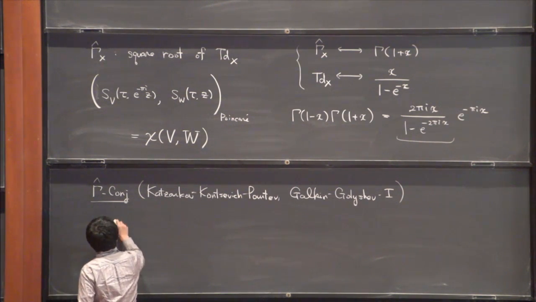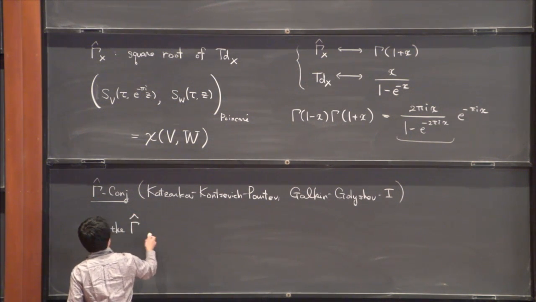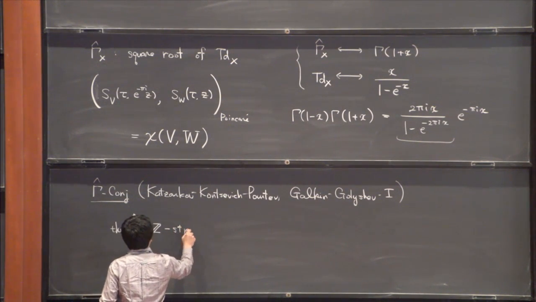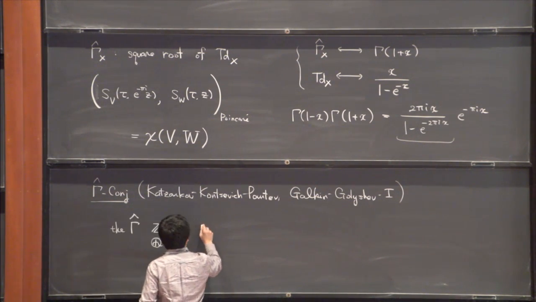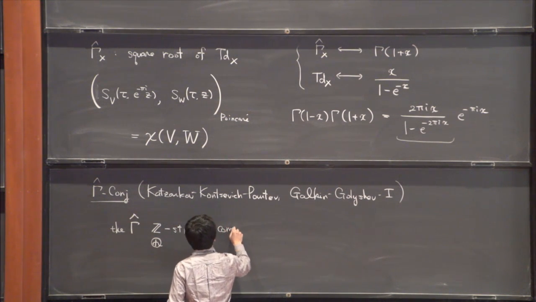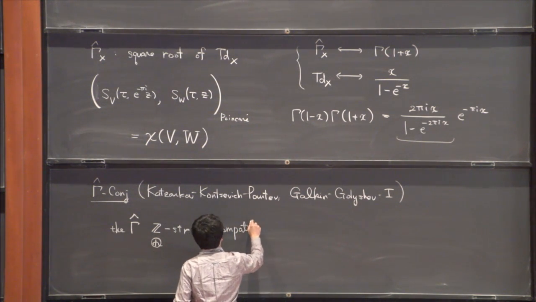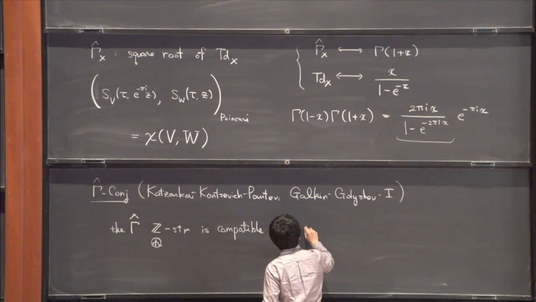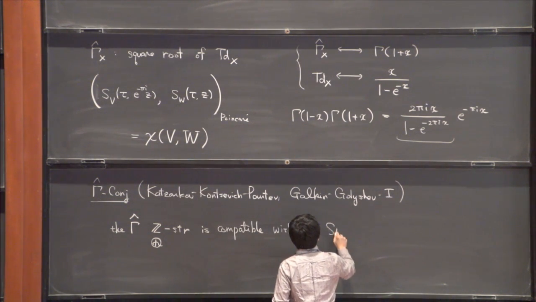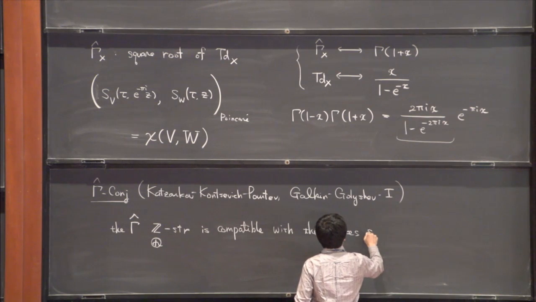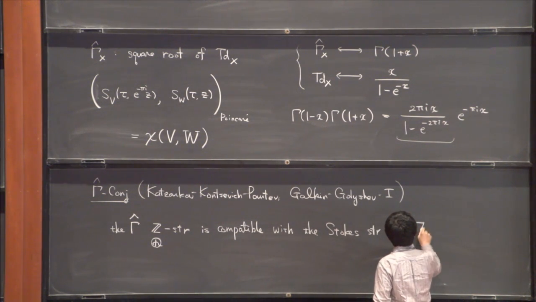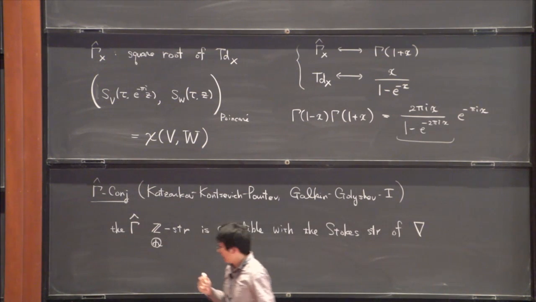The gamma structure, maybe gamma Z or rational structure, is compatible with the Stokes structure of this quantum connection.